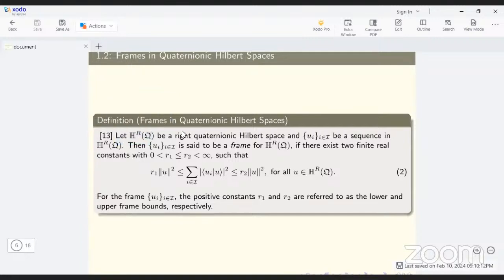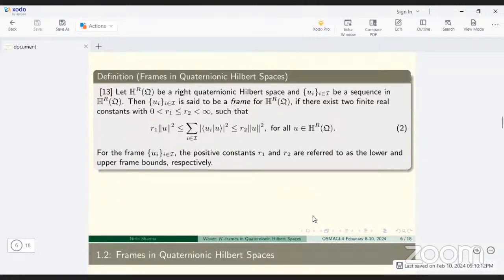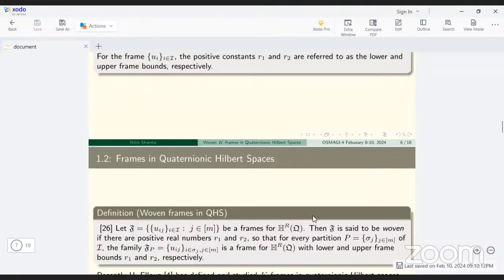We have taken right quaternionic Hilbert spaces, and we have taken U_i to be a countable family in a right quaternionic Hilbert space. This is said to be a frame if there exist R1 and R2 such that this inequality holds for every U in H_R. H_R is the right quaternionic Hilbert space.